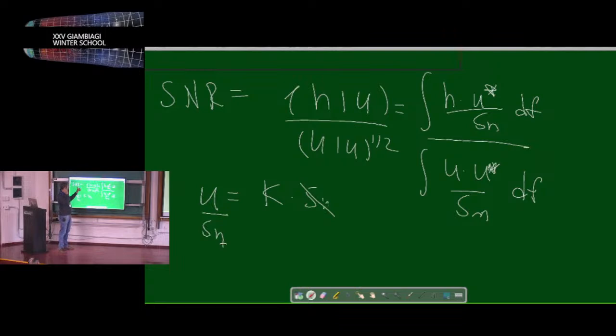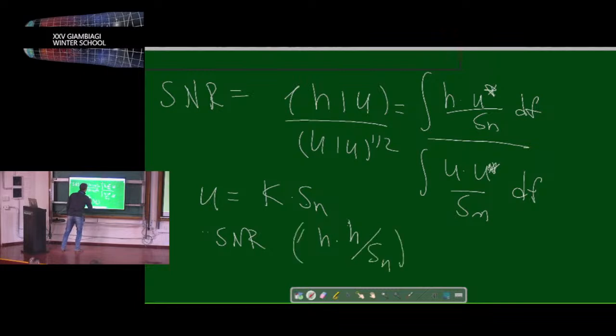So my signal to noise ratio will become h times h divided by S_n, integrating in f to the 1/2. There is some prefactor that I forgot, but this is the result.